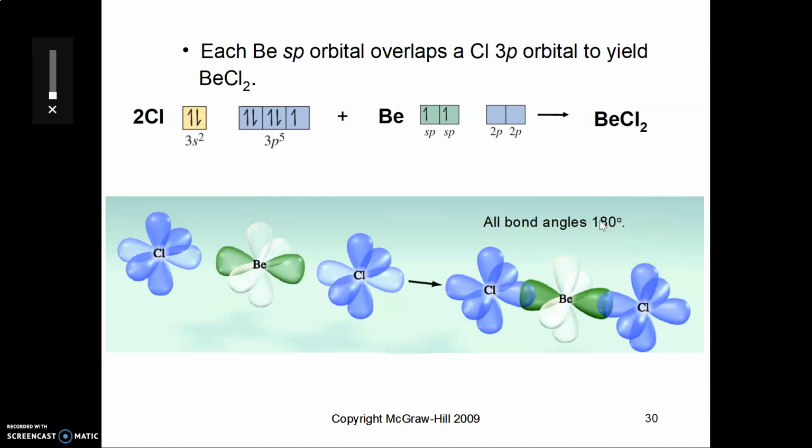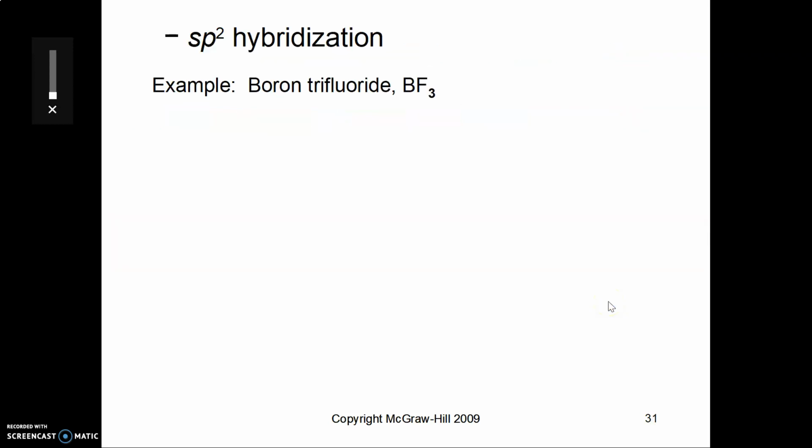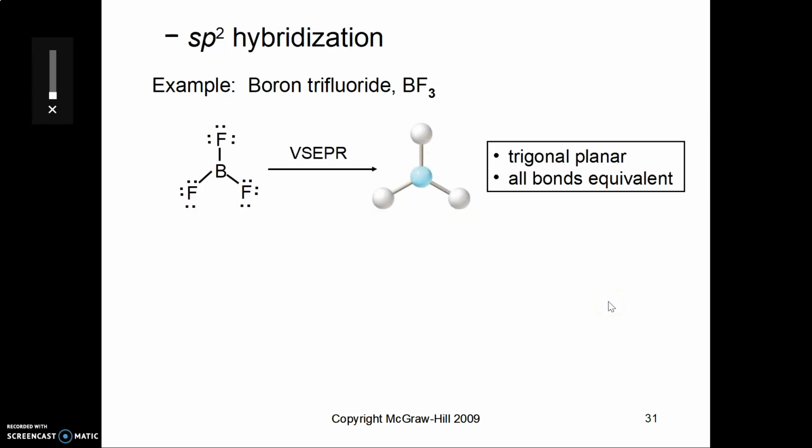Because it's linear, that's what happens. So each sp orbital overlaps one 3p orbital of the chlorine to yield this.